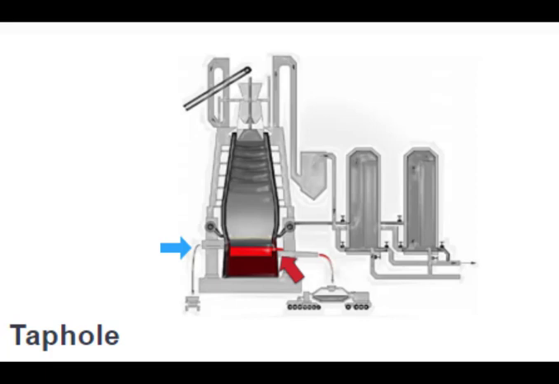Larger blast furnaces may have as many as 4 tap holes, so that could be here, here, here, here, and 2 cast houses. Once the pig iron and slag have been tapped, the tap hole is again plugged with refractory clay using a mud gun. Okay, this is how the tap hole works.